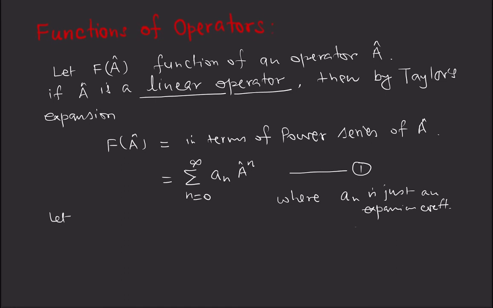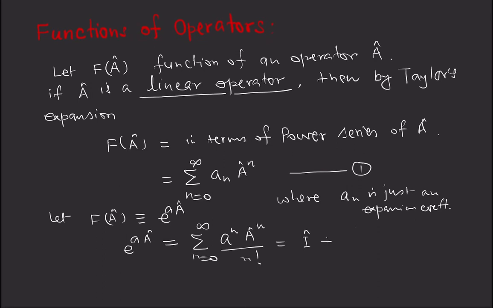Let function operator f(A) be e to the power a into operator A. So this e to the power small a capital A can be written in terms of Taylor expansion as summation n equal to 0 to infinity a to the power n capital operator A to the power n by factorial n, which is nothing but the unity operator I plus a capital A operator divided by factorial 1 plus a square capital A operator square by factorial 2 plus a cube capital A operator cube by factorial 3 and so on.